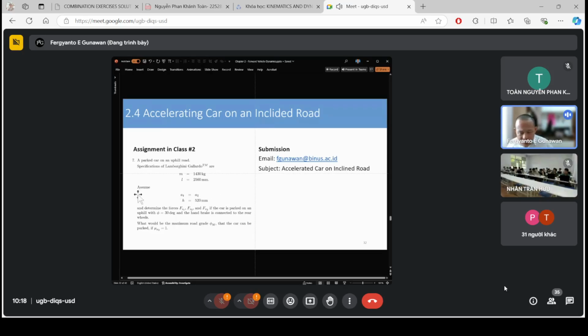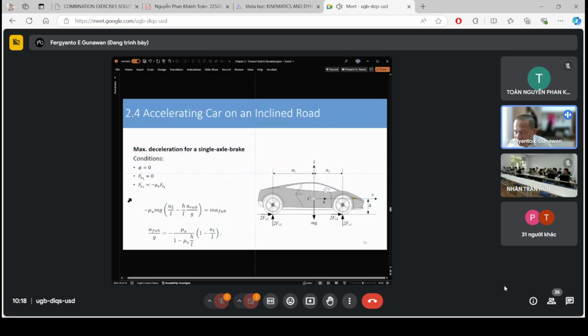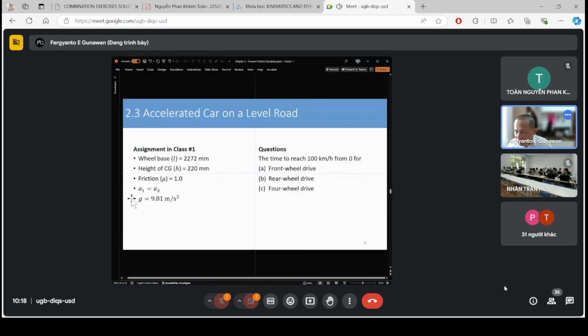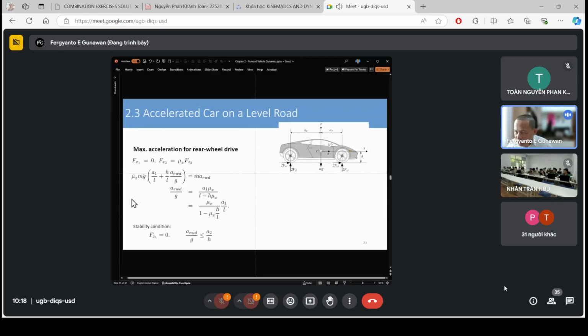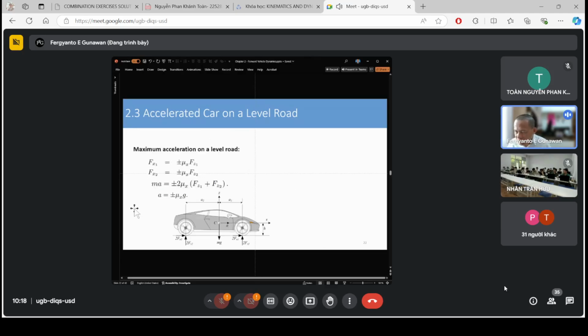Before you solve this, please take notes of a number of important equations that I'm going to give you in this slide. Okay, so this is the equation for the maximum acceleration on the level road, right?